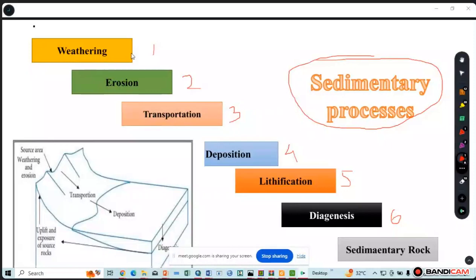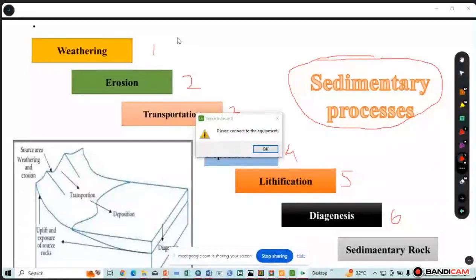Okay, what happens in weathering? You all know the physical or chemical disintegration of rock. When a rock breaks down due to the action of physical or chemical processes, it is converted into sediments.